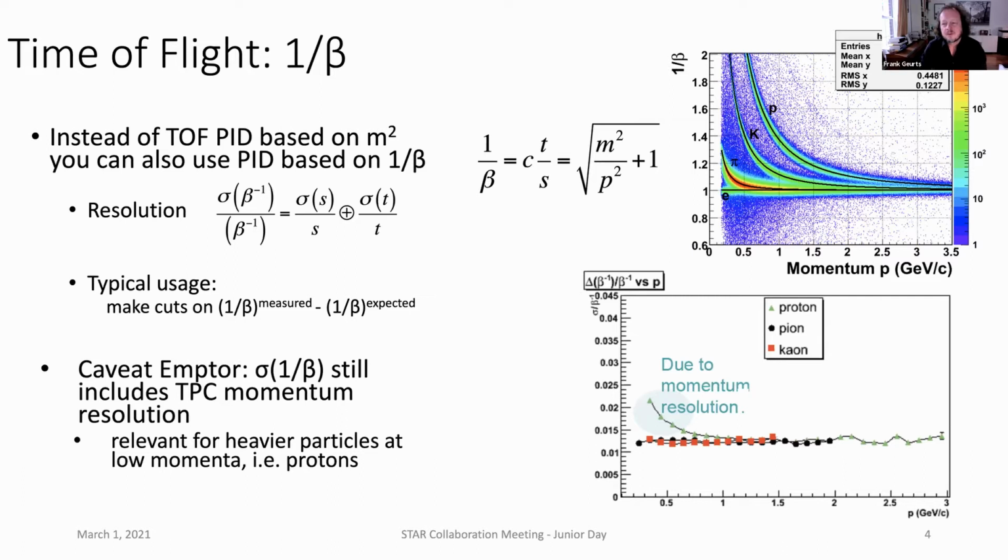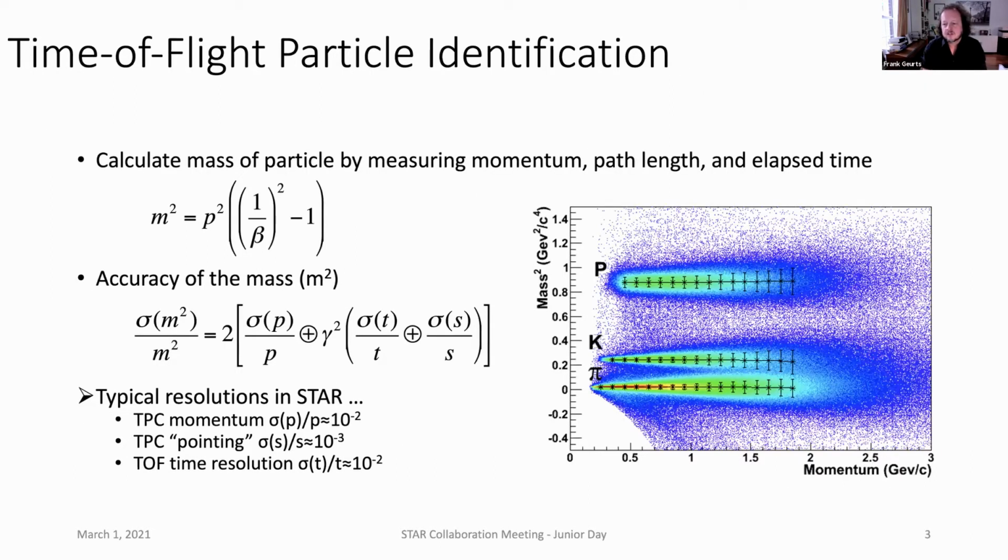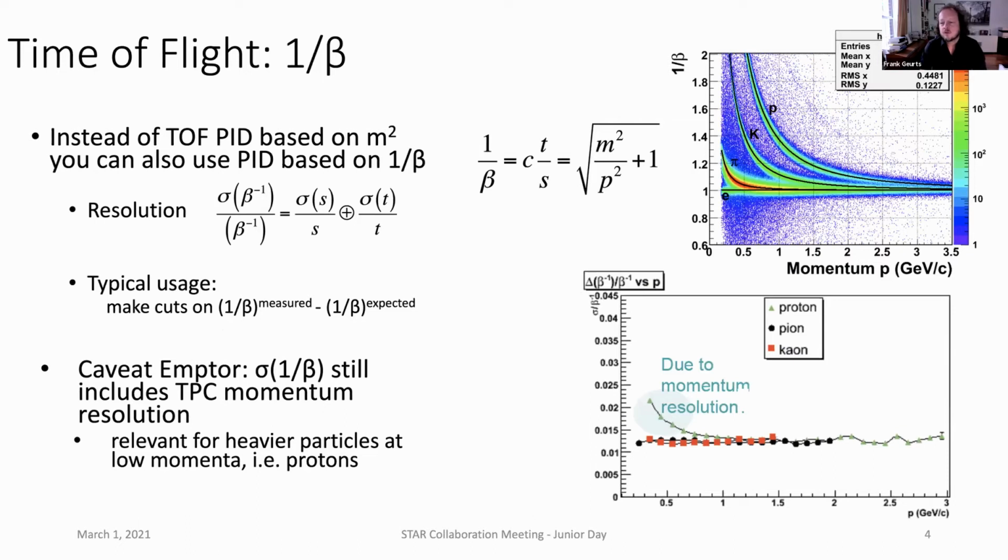It also makes it somewhat easier to make cuts, because if you look at the previous slide, you have to make cuts that take care of the changing momentum resolution as well. With 1 over beta, you can make cleaner cuts by using the 1 over beta that you measure minus the 1 over beta that you expect.